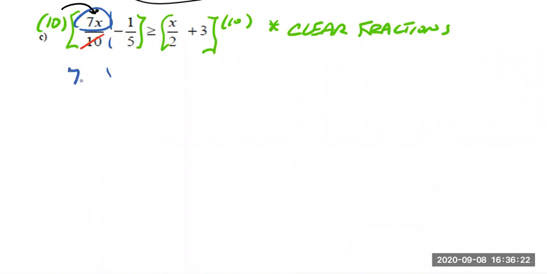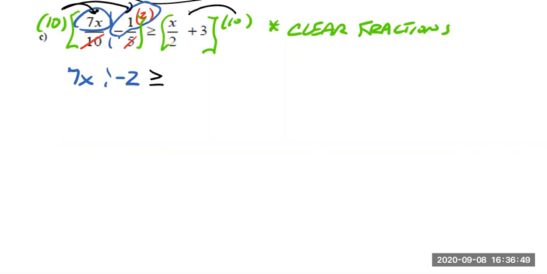When we multiply the 10 times the negative 1/5, the 5 will cancel with the 10, but it leaves the factor of 2. So this time, our term would be negative 1 times 2, which is negative 2. So that's greater than or equal to.